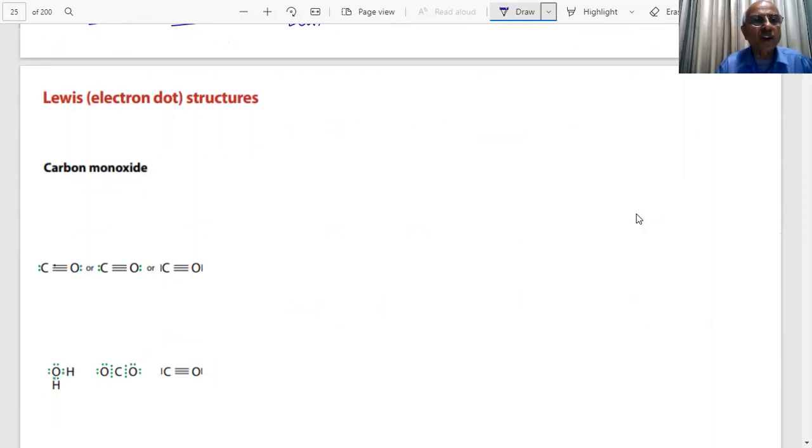Say if you have to make Lewis electron dot structures, supposing they ask you to make the Lewis electron dot structure for carbon monoxide. CO, students, you have 1 minute to draw the structure of carbon monoxide. How will you draw it? You can use dots and crosses to represent electrons.